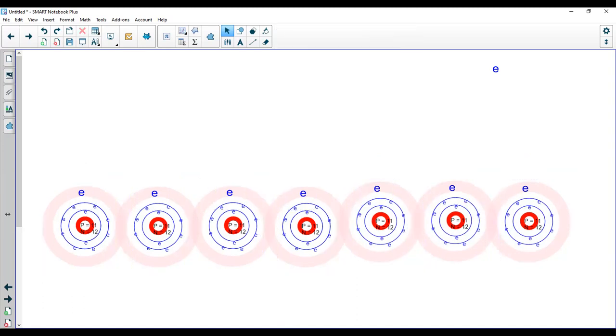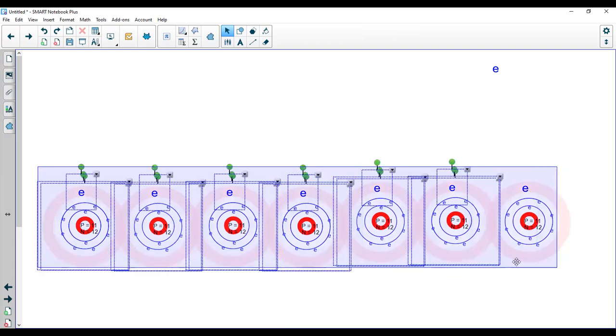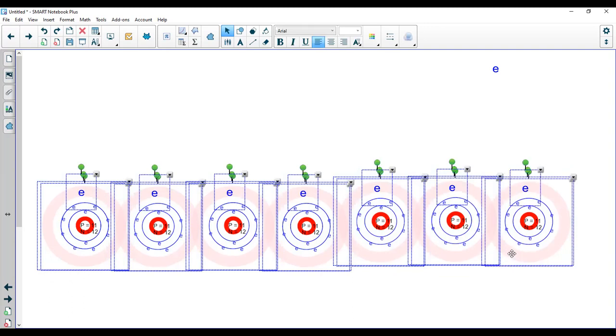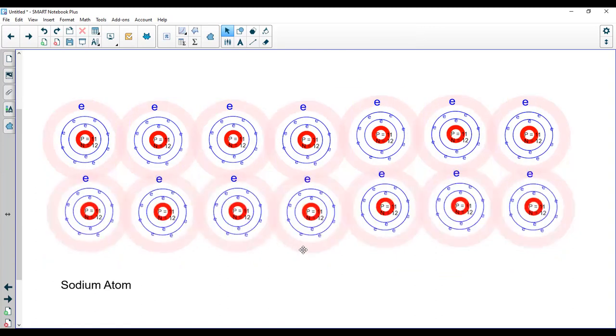Just wait a minute, I'll make it down as well. So this is one strip, one layer of atoms in the strip. We have another layer of atoms at the bottom, and so on and so on, like this.